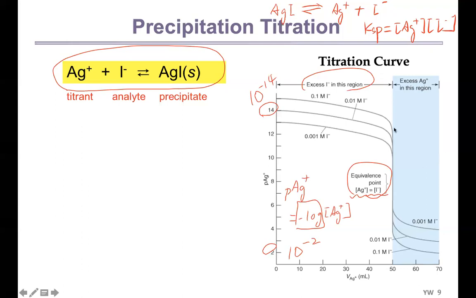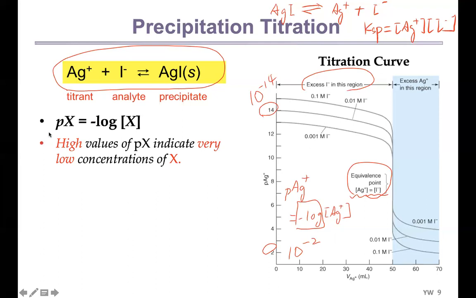And then after the equivalence point, it's the excess silver region, meaning that because all of your iodide has reacted, if I keep adding silver ion into the solution, we will have more and more silver accumulated in the solution. And you can see that the concentration of silver will gradually increase to a relatively high value compared to the beginning, right?